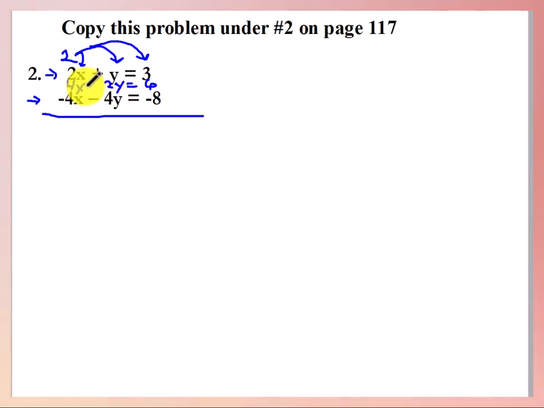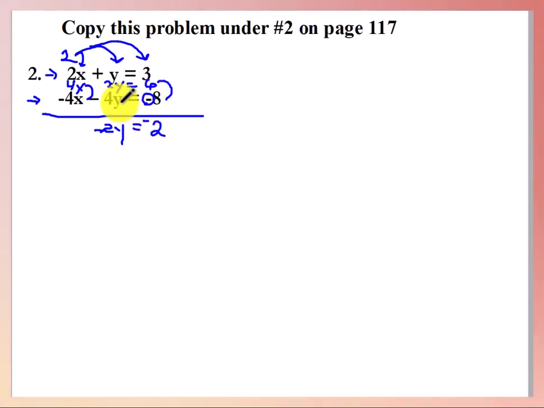Now let's add. 4, take away 4 is 0. 2y minus 4y is negative 2y, equal 6 plus negative 8. Opposites subtract. 8 minus 6 is 2, but 8 is bigger than 6, so take that negative.